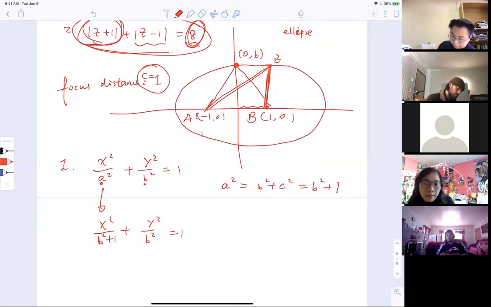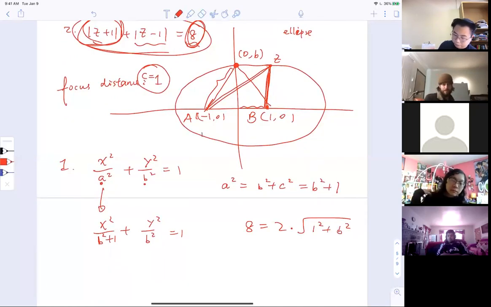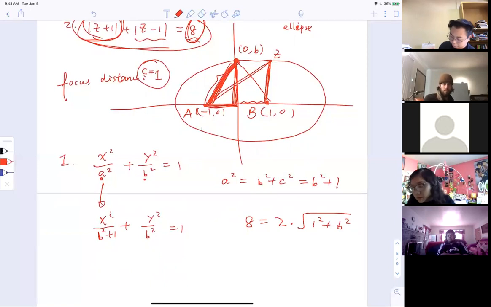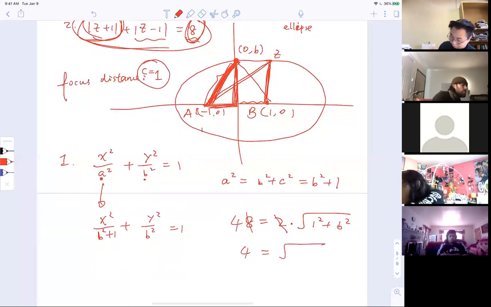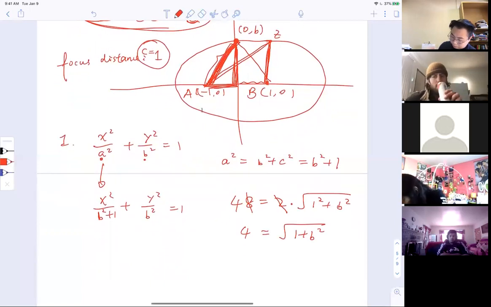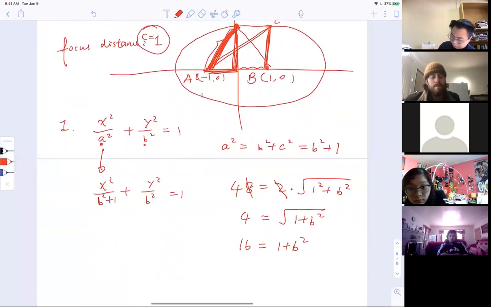So 8 equals 2 times the distance, which is given by the square root of 1 squared plus b squared. So this is 4. 4 equals the square root of 1 plus b squared. So you square both sides, and you get b squared equal to 15.